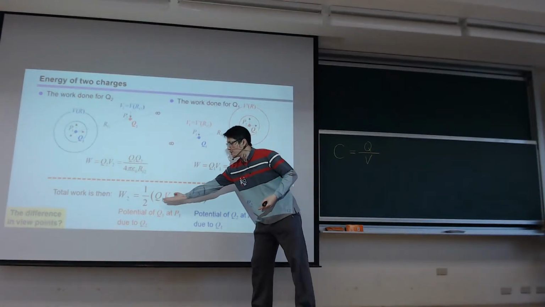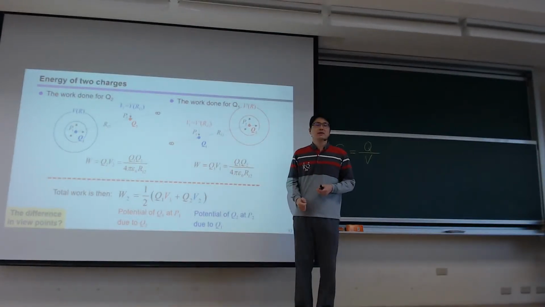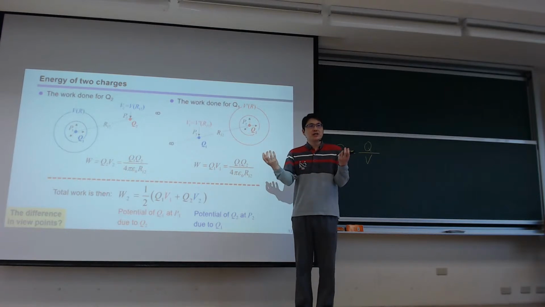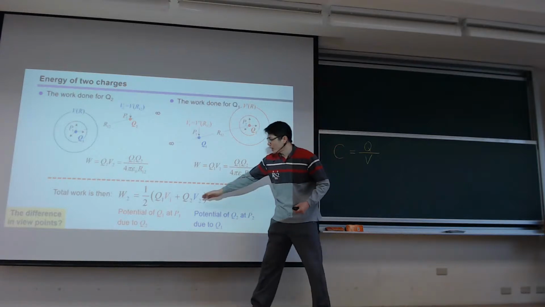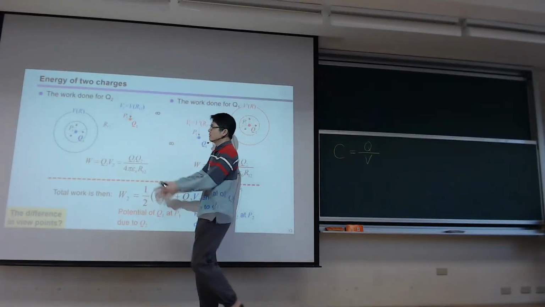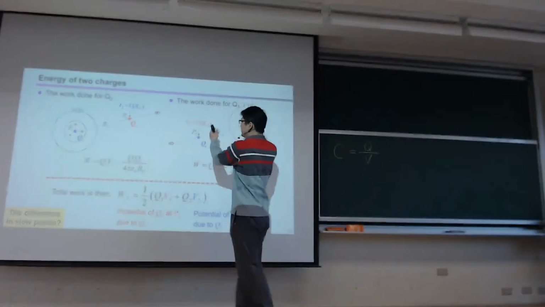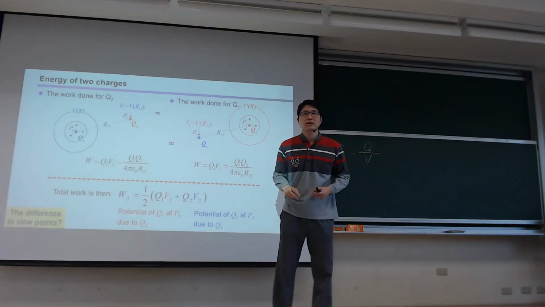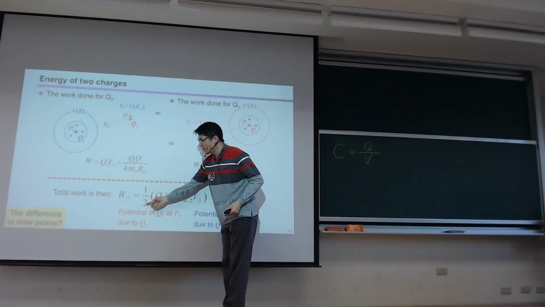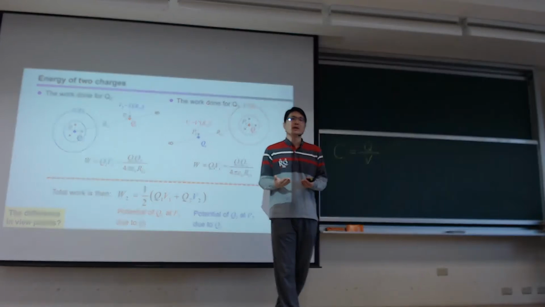I just write down their energy equation. I add the two energy portions together. But when I am adding, I actually counted the energy twice, right? This writing is like saying, I have this, I have this, I add them up together. So I multiply by 2. Therefore, I need to divide it by 2 to get the real result.